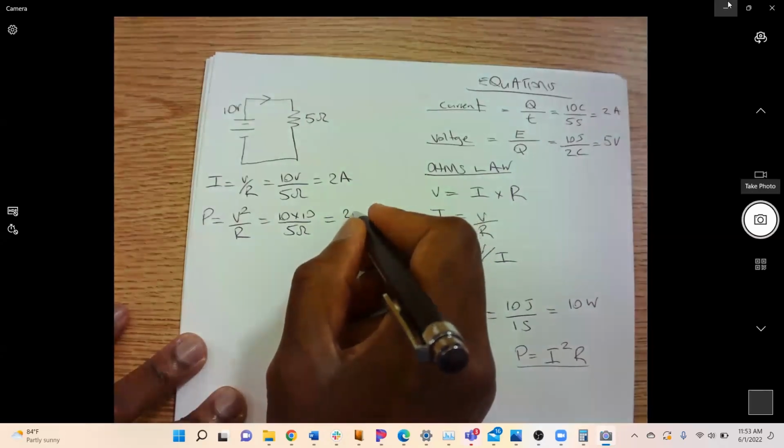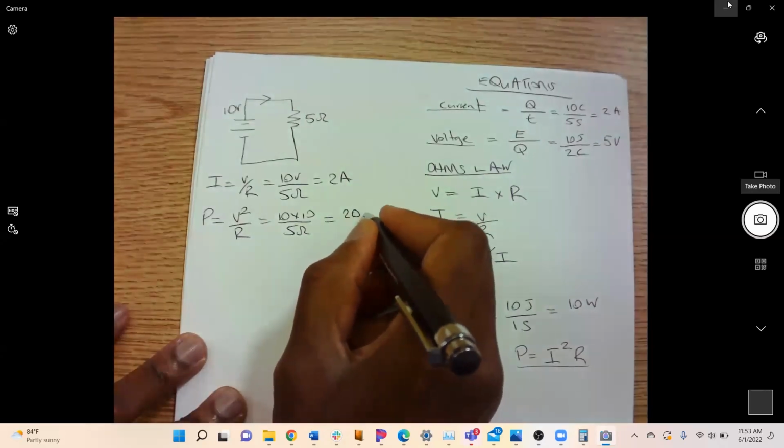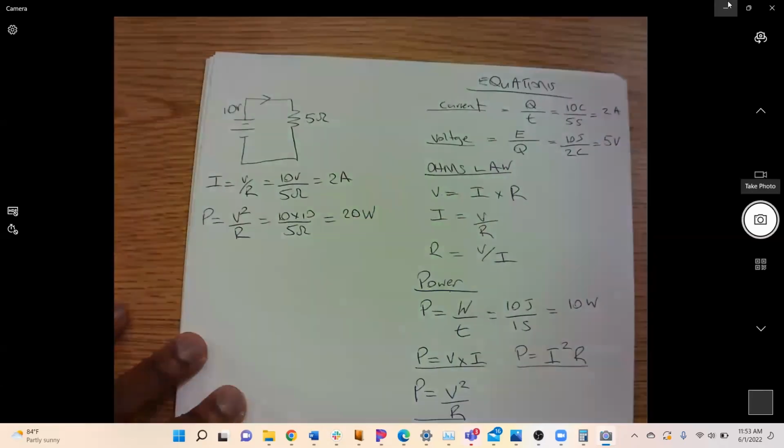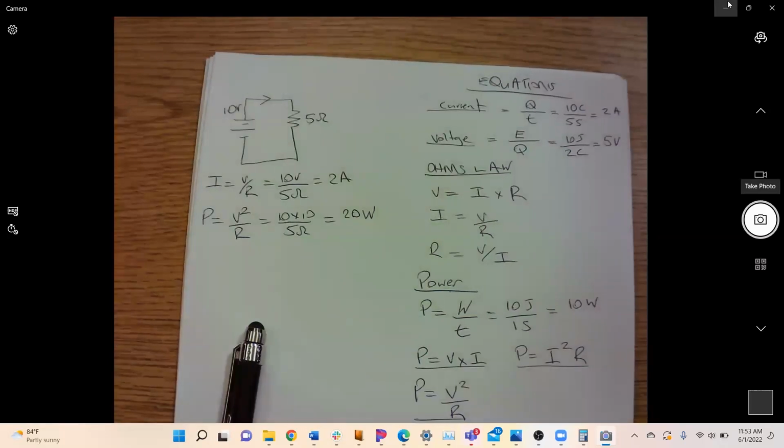So this is 20 watts. Let me just verify. All right, so this is 20 watts.